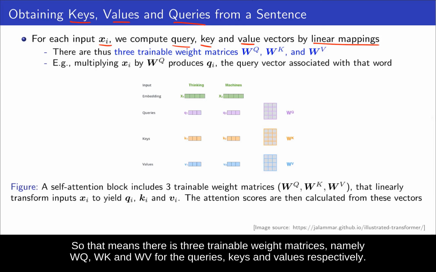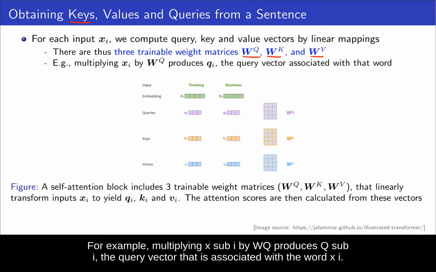That means there are 3 trainable weight matrices, namely WQ, WK, and WV for the queries, keys, and values respectively. And for example, multiplying x sub i by WQ produces Q sub i, the query vector that is associated with the word x sub i.